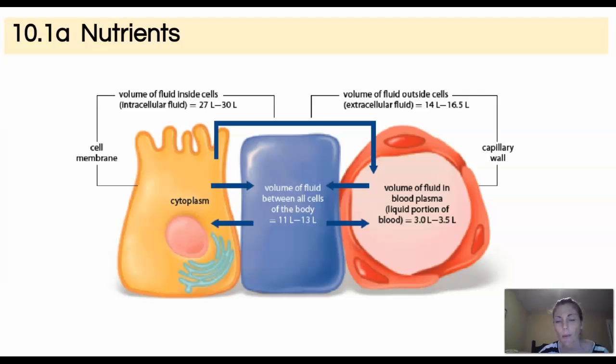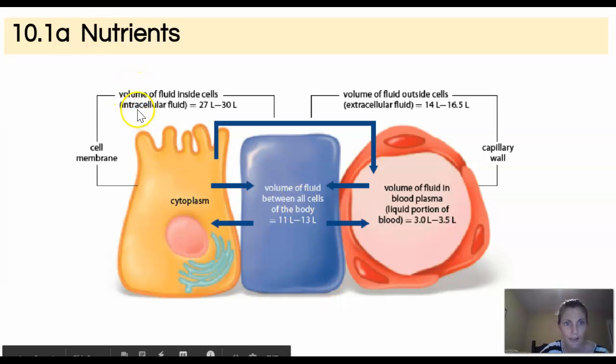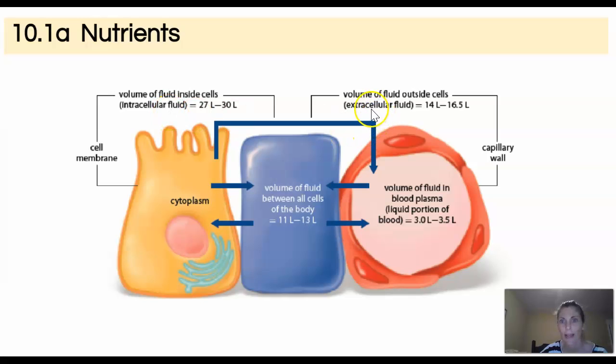We can talk about the fluid in our bodies being either intracellular, meaning inside of cells, or extracellular, meaning the extra meaning outside of cells. That's one way to categorize the fluid. But in terms of the compartments or places that we find fluid, we are going to find fluid inside of cells.